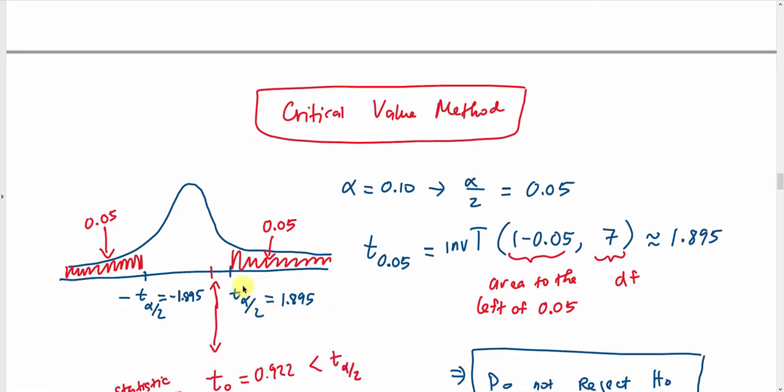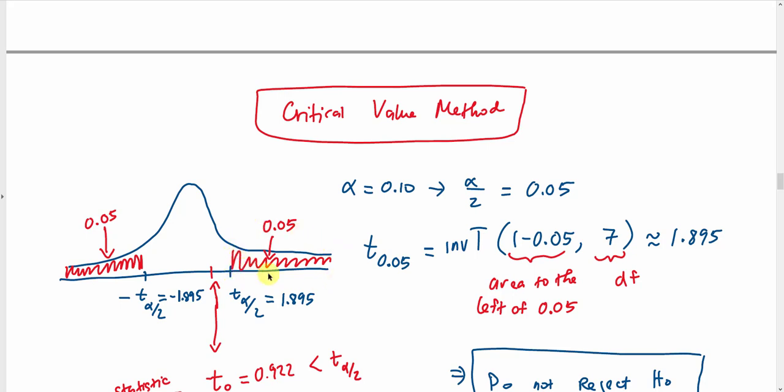Now, to find the critical value, we have the area and we just want to find the critical value. All we do is use the inverse t function, which takes the area to the left of the value. So this is t alpha over 2. I input inverse t, and then I take the area to the left of this value.